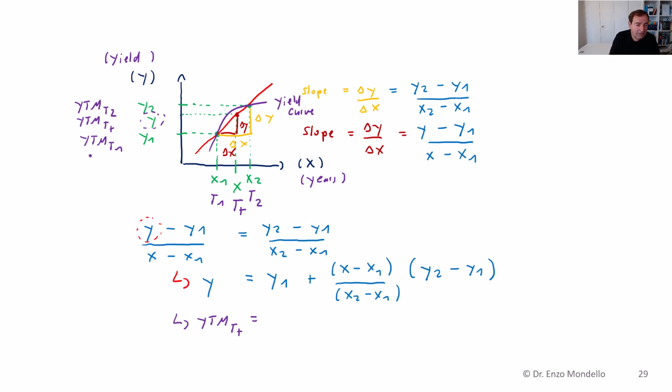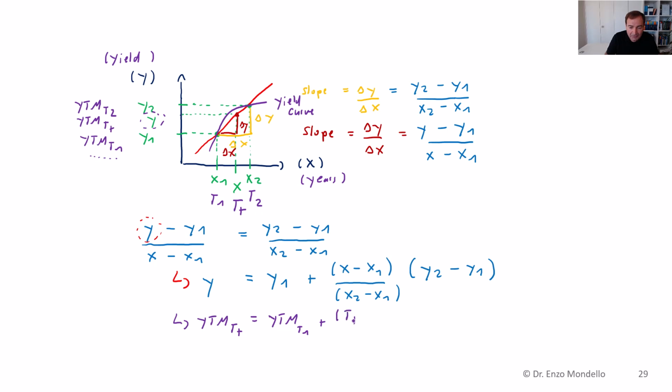Y1, that's the yield to maturity of the government bond with a shorter maturity, plus X. X is the time to maturity of the corporate bond, for which we want to calculate then the linearly interpolated yield to maturity of the government bond.